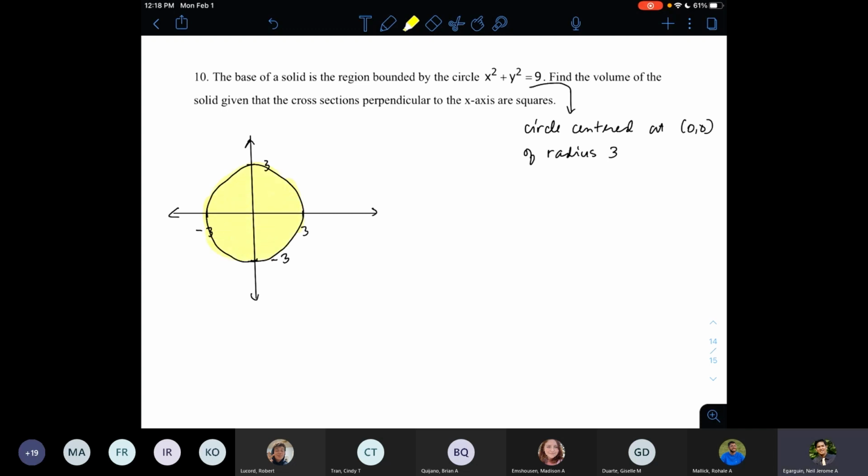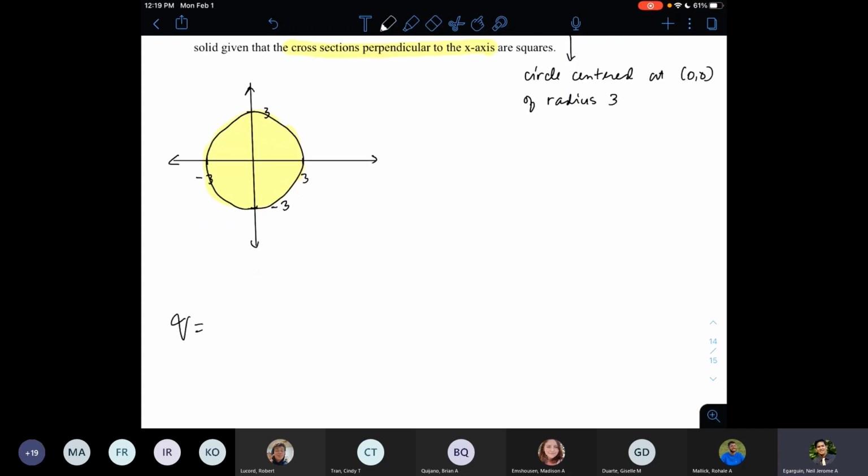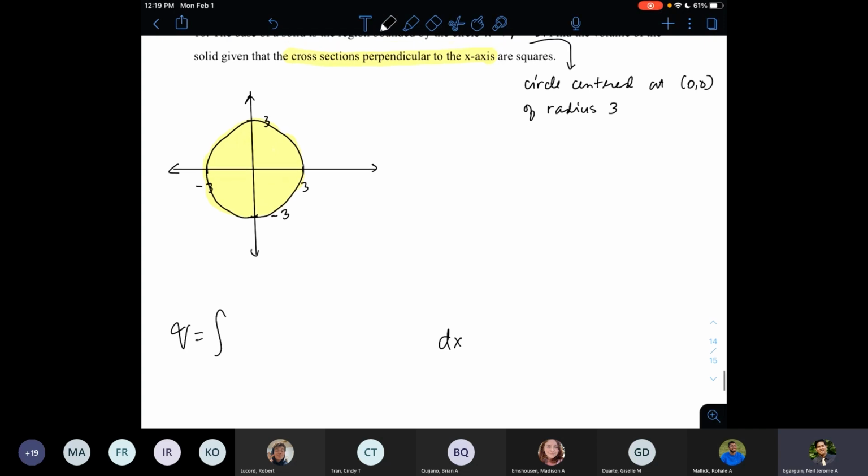And then what's next? We were told that the cross sections are perpendicular to the x-axis. So that tells me, okay, the volume will be an integral with respect to x. Because again, the cross sections are perpendicular to the x-axis. Now, knowing that I am integrating with respect to x, I need the bounds for x.